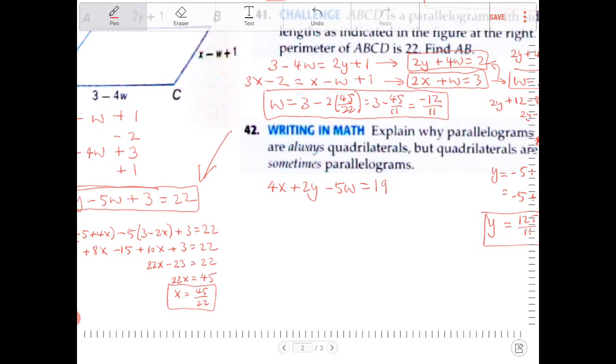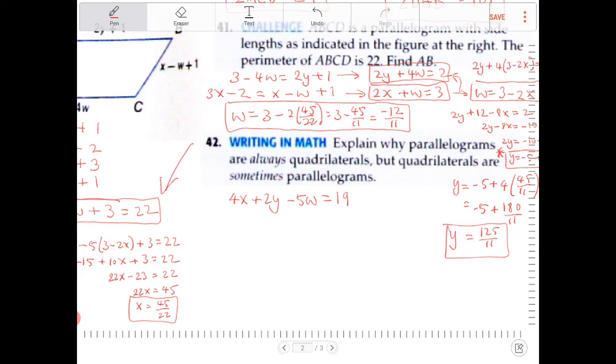So this is the first equation. The second equation is 2y plus 4w is equal to 2. And the third equation is 2x plus w is equal to 3. Now, this is a system of 3 equations, right?